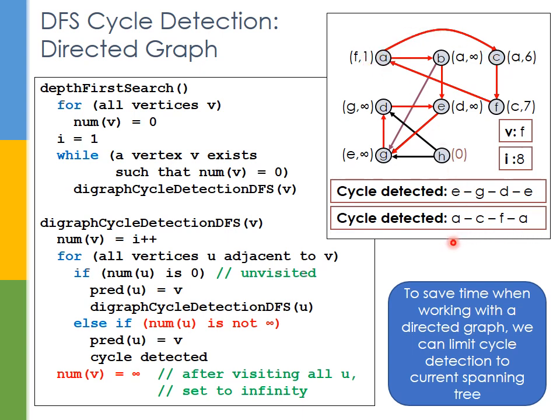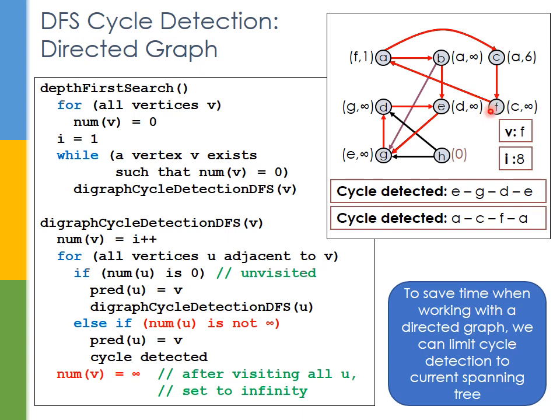Once again, we have to report the cycle in reverse order because we have to consider the directionality of the edges. So now we've located the second cycle.